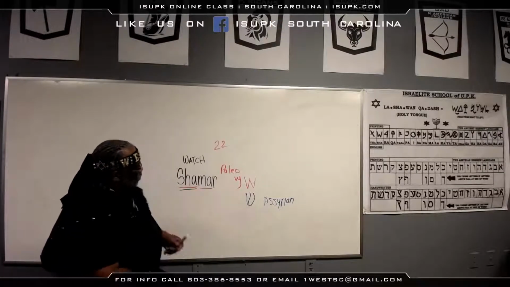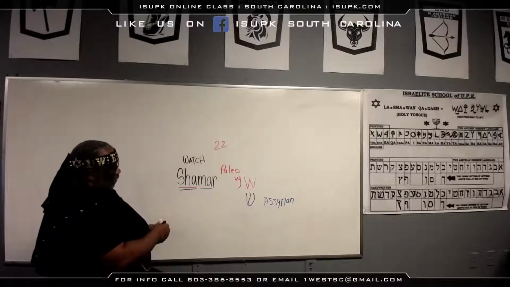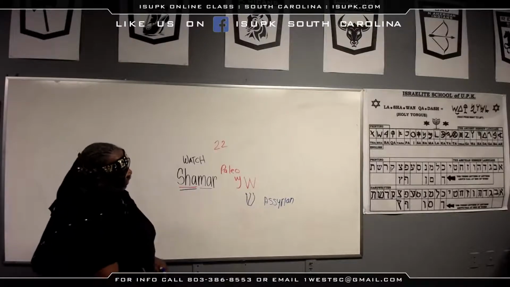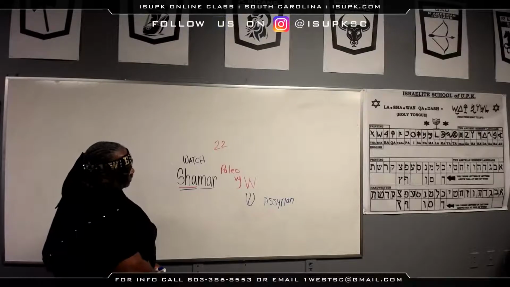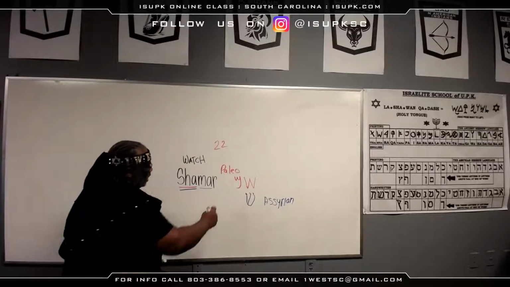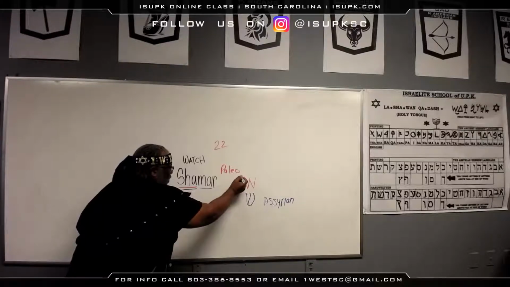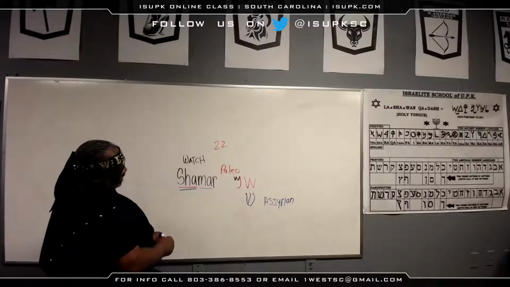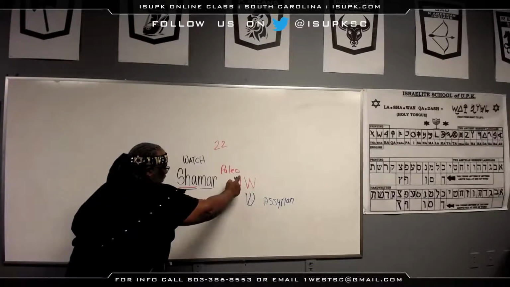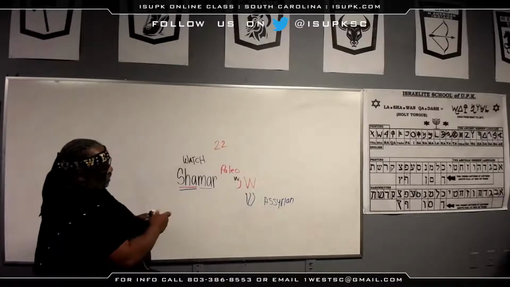Shamar. And if you notice here, if you learn the Hebrew in the chart, there are a lot of these characters that have meaning to them. If you look right here, that looks like an M, because that's what it is. Okay?